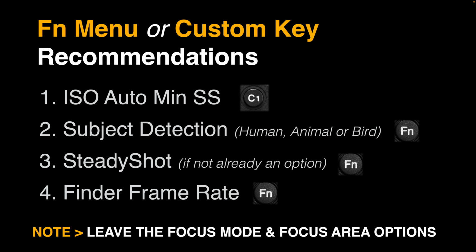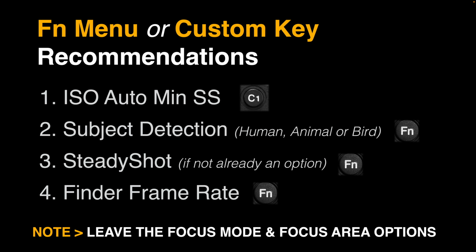So if you've got ISO already in the FN menu and you don't need it because you can press the right side of the control wheel, replace it with ISO auto minimum shutter speed. This allows you to control the minimum shutter speed when you're using aperture priority. So this means that you can avoid using shutter priority mode or manual with a fixed shutter speed setting, you can use aperture priority but control your minimum shutter speed.